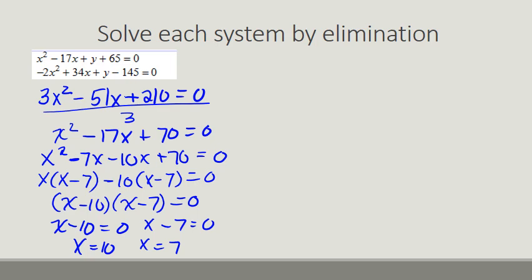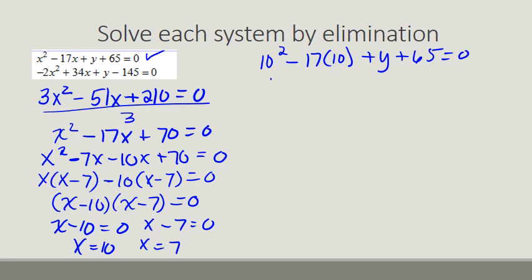Now I want to pick the easiest equation to put it in, and I'm going with the first one because the x squared, they're not multiplying. So 10 squared minus 17 times 10 plus y plus 65 equals 0.